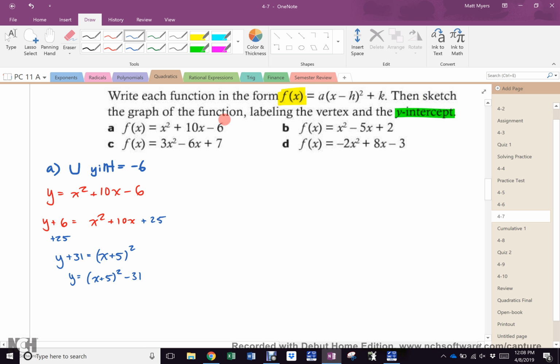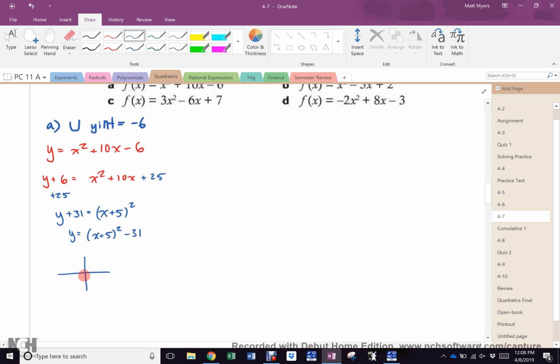And then sketch the graph. Well, we're going to be at -5, -31. And I know I've got to go through -6, correct? Everyone agree? Okay. So I went 5 this way and up to -6.